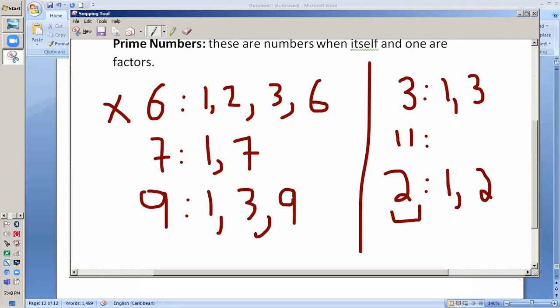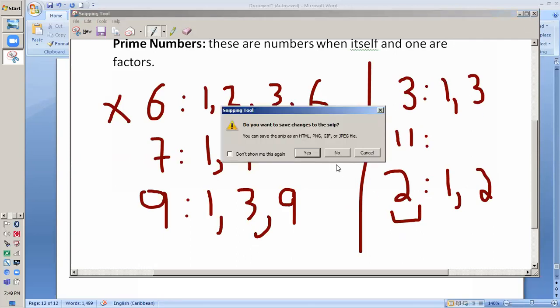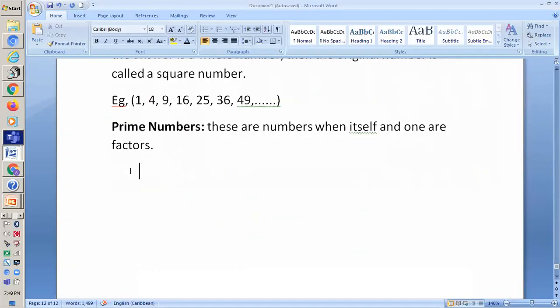All right. Let us see if we can get the examples. I'm going to try to get them in order. So we have 1, 2, 3. What will come next? 5.